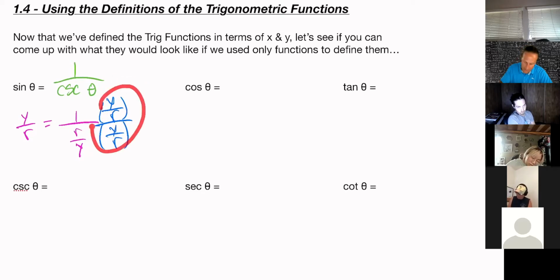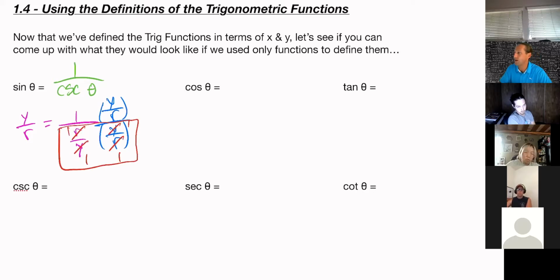But the reason I did this was so that I could multiply the denominator, because I know that cancels out to be y over y, which is 1, and r over r, which is 1. And now notice, that's just a big 1 and I can forget about it. Which means all I have left on top is my y over r, which is exactly what we said this was.